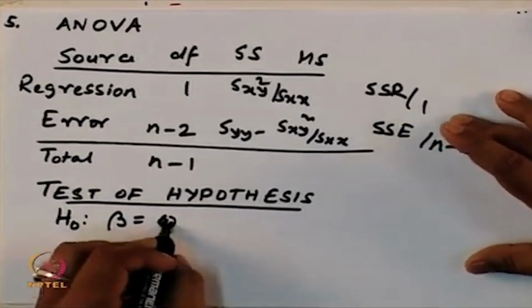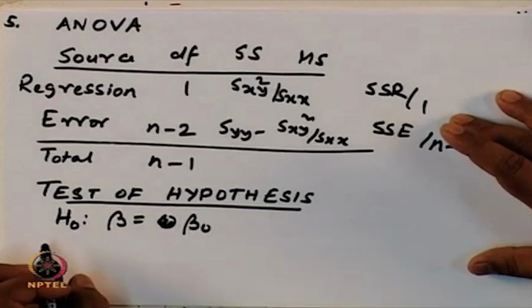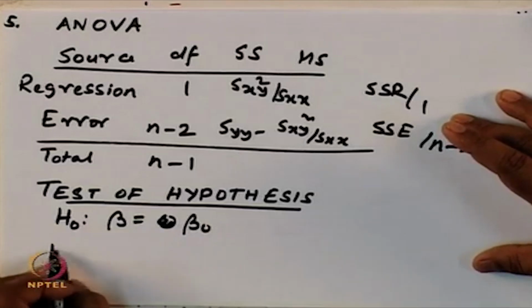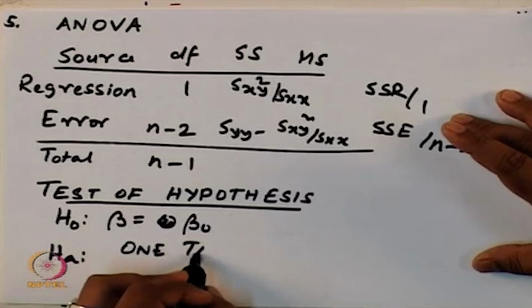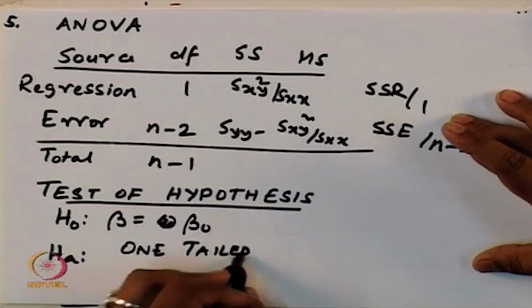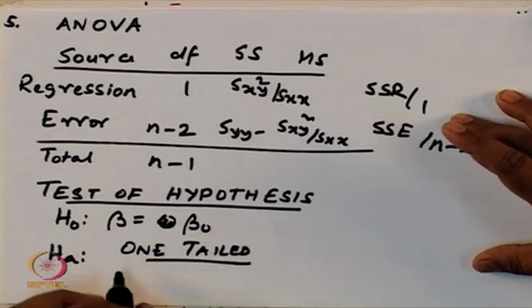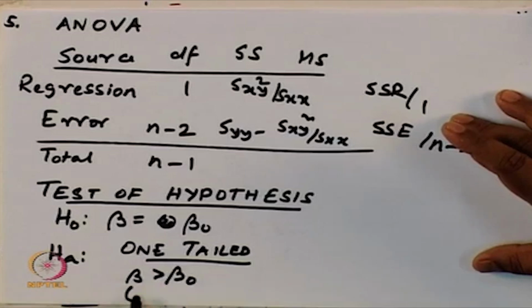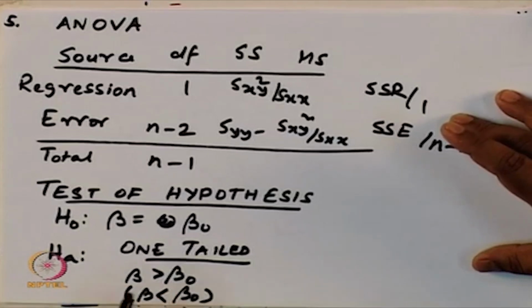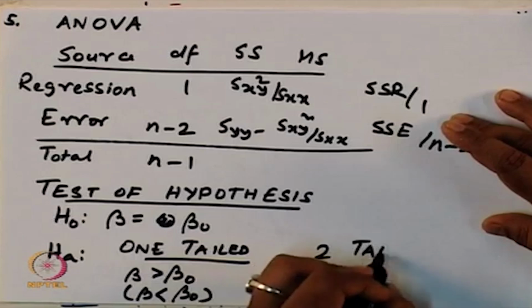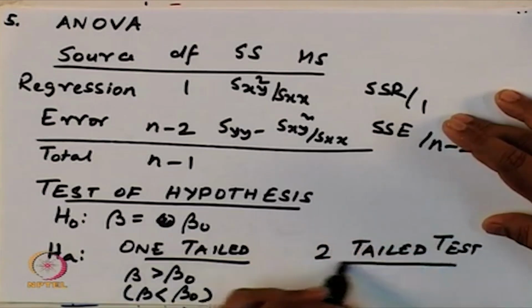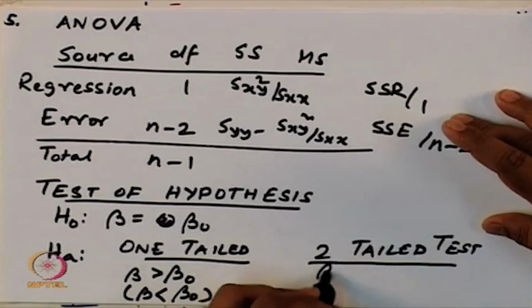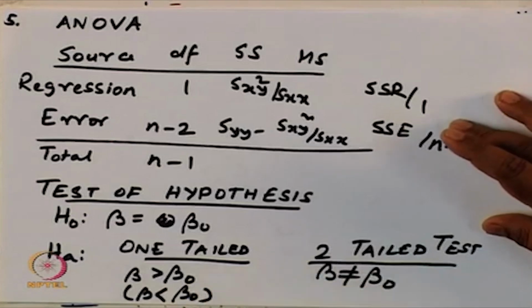Or in general, you can say B equal to B naught, and alternative hypothesis H A. So, for a one tail test, okay, you can write down as beta is either greater than beta naught or beta is less than beta naught, or for a two tail test, okay, you can find out beta as not equal to beta naught.